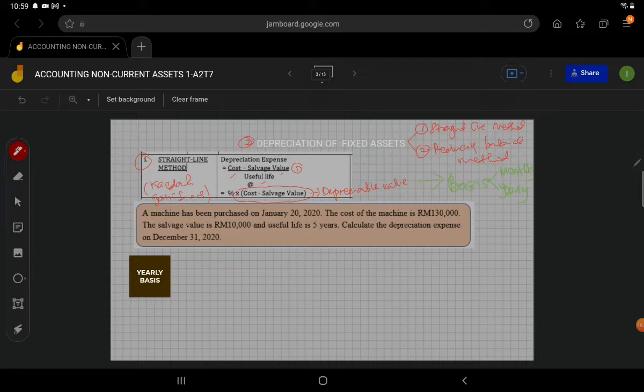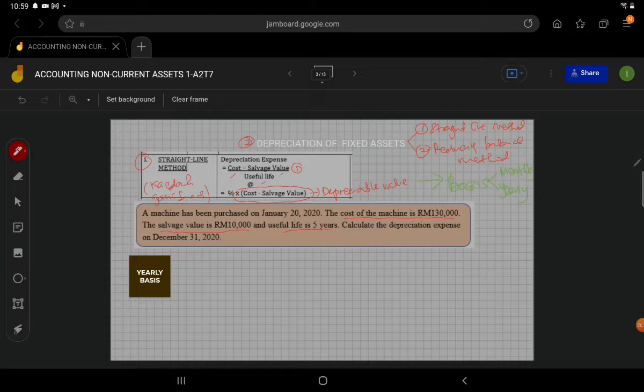A machine has been purchased on January 2020, the cost of the machine, okay, ini kita tahu cost of the asset, okay, 130,000. And then the salvage value, okay, tadi kita dah tengok salvage value, that means the value of the asset at the end of the useful life, okay, is 10,000, and the useful life is 5 years.